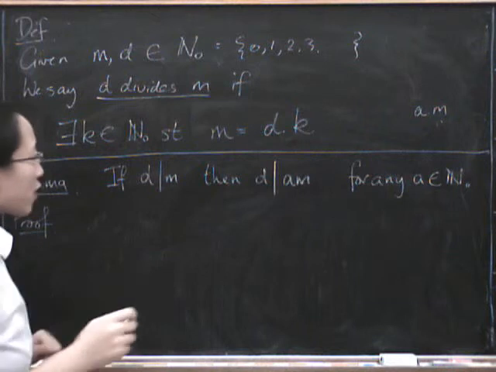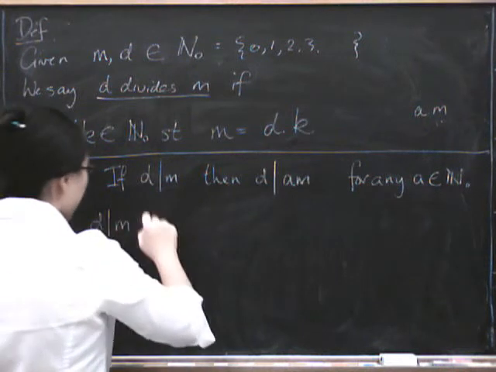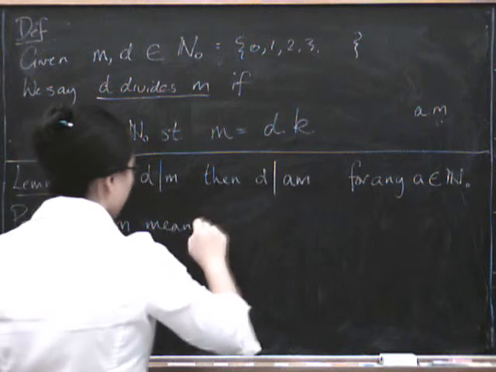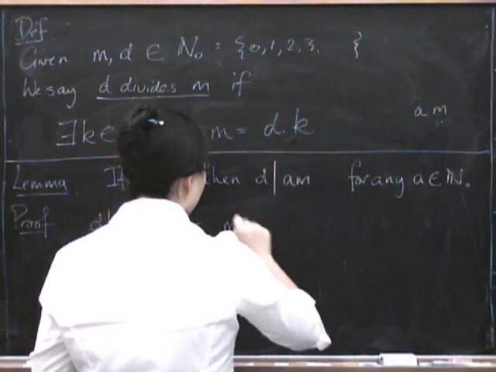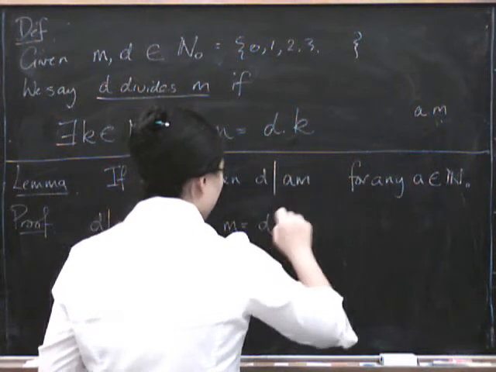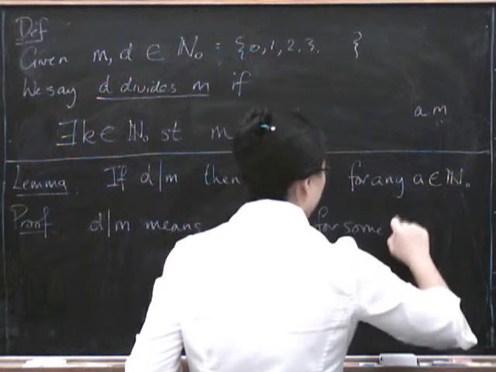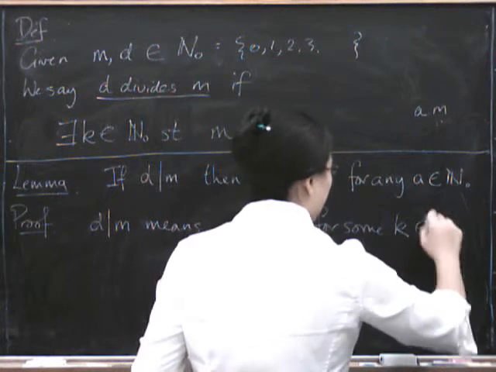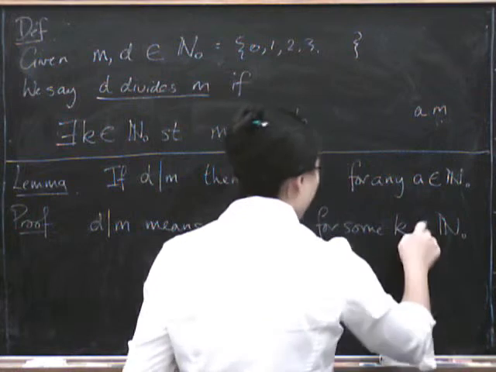So proof, what do we know again? D divides m means m equals d times k, for some k in the natural numbers. Let's call this one k1 again.